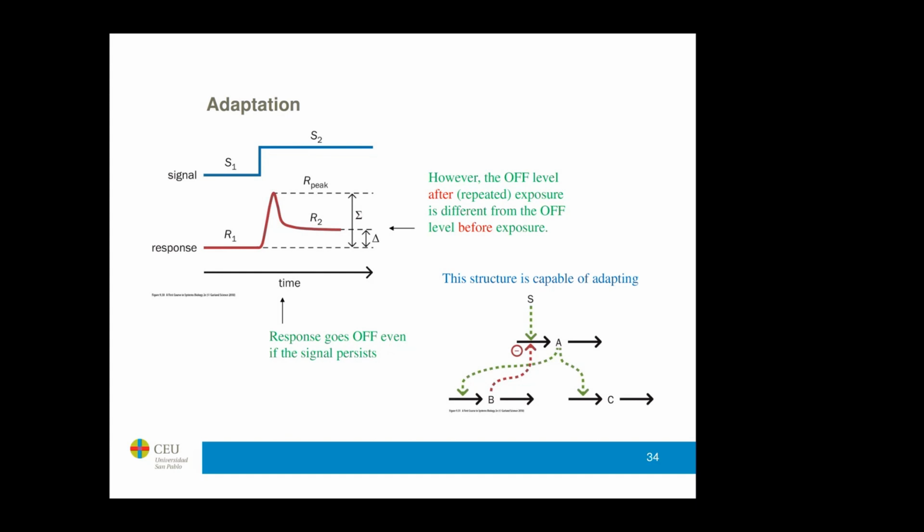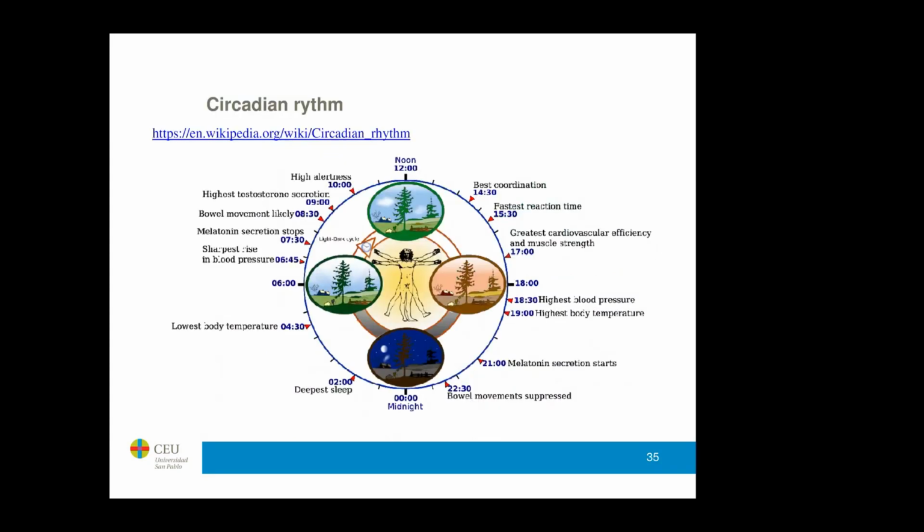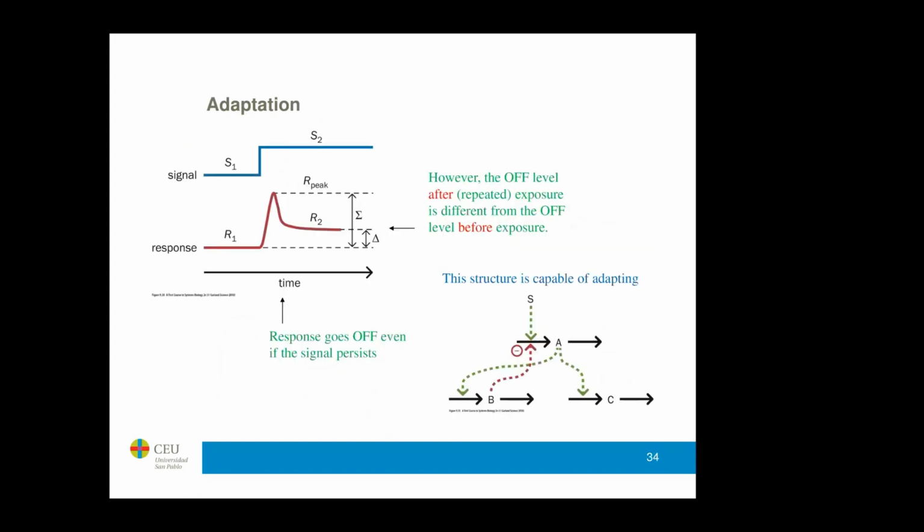So how do you do that? This is a circuit that comes back. So you have a signal. This signal activates A. A activates the transcription of B. So A promotes B and promotes C. So C is somehow the cause for the response that you see.